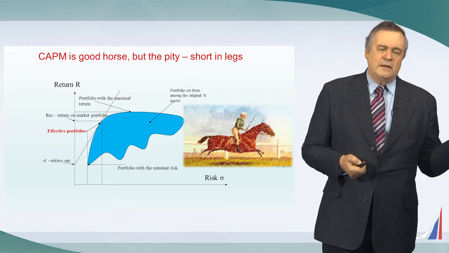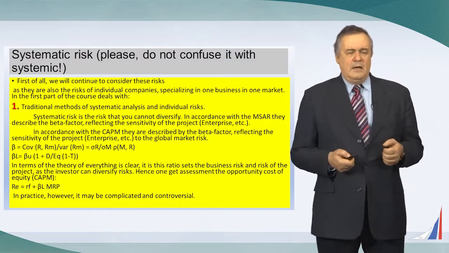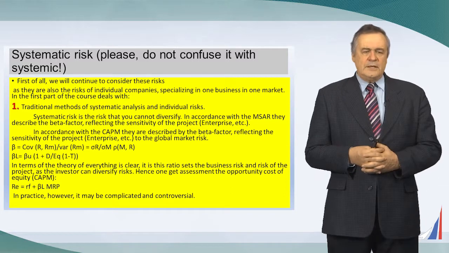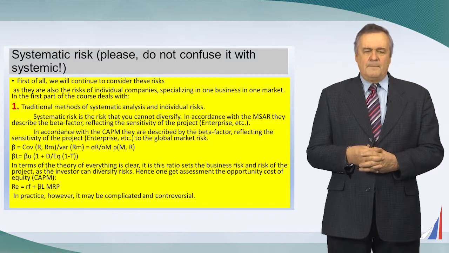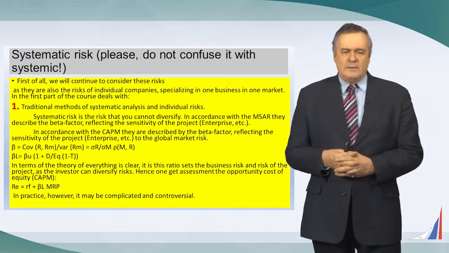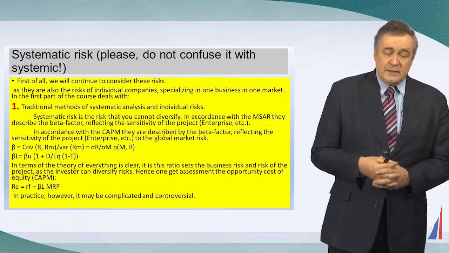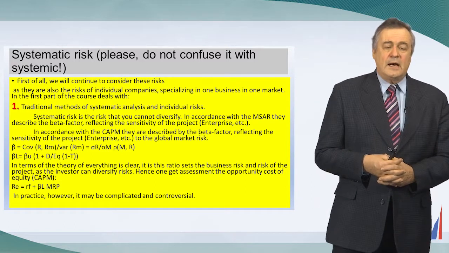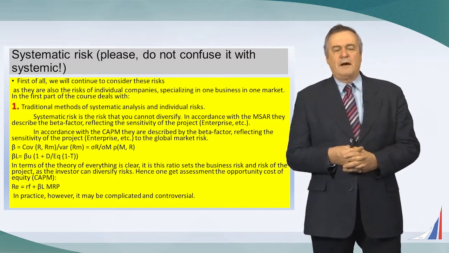As I told you, the theoretical ideas are presented only if they are necessary for practical application. So, traditional methods of systematic and individual risk analysis: first, systematic risk is a risk that you cannot diversify.